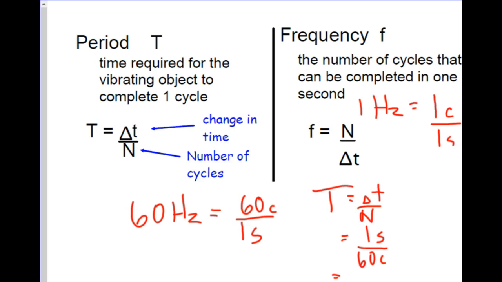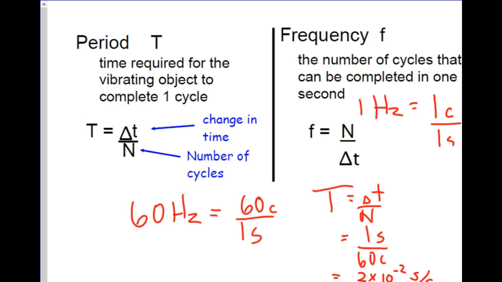One divided by 60? How many significant digits do you get? Just one. So it is 2 times 10 to the negative 2 seconds per cycle. 60 only has 1 significant digit, so you only get 1 significant digit.